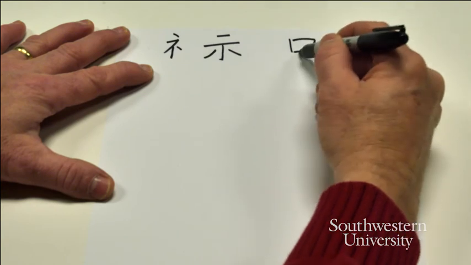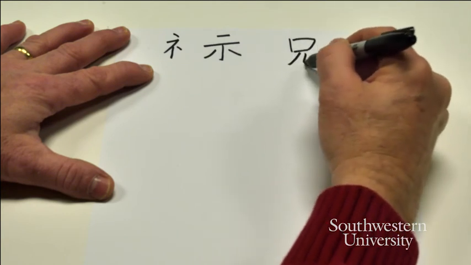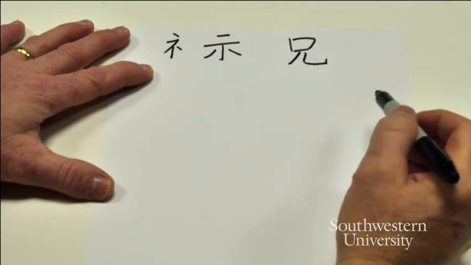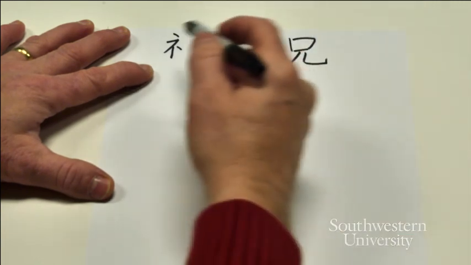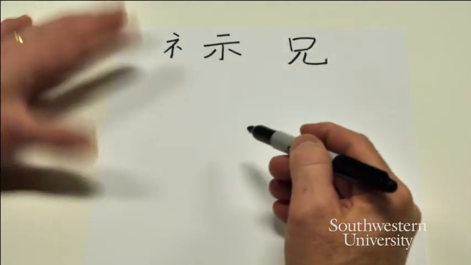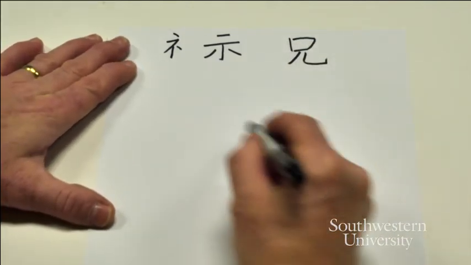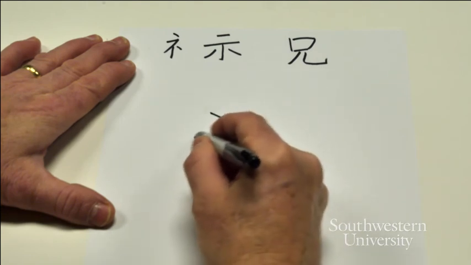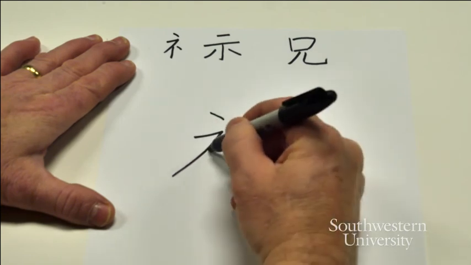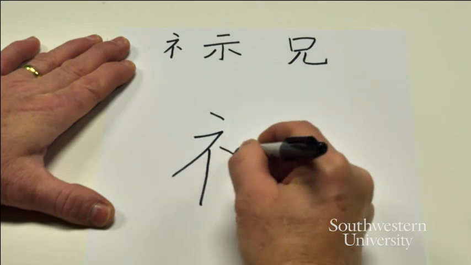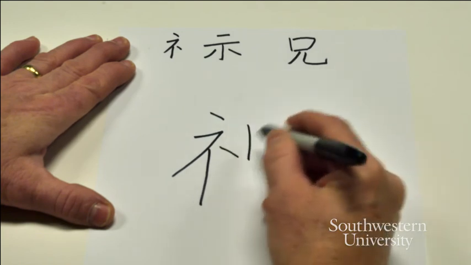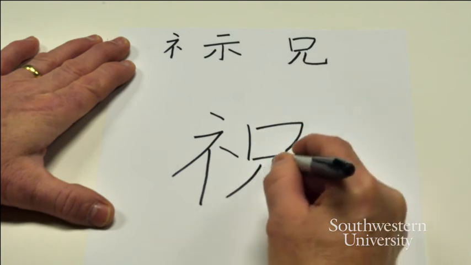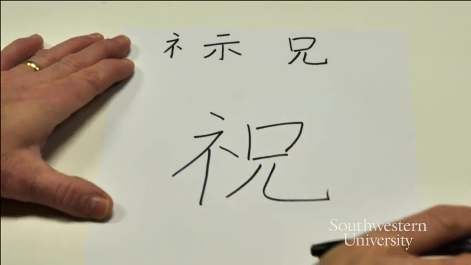It's a depiction of a mouth, and perhaps anciently was a depiction of someone kneeling at an altar. So to give someone a blessing, to wish them well. Dian, hung pie, shu. Dian, shu. Hung zhe, hung pie, shu wan. Go, zhu.